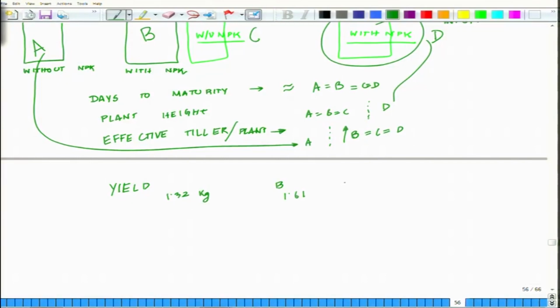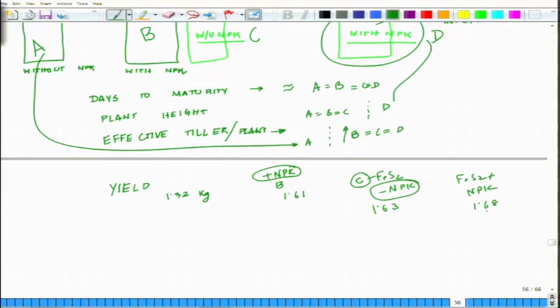In the case of C, only FeS2 without NPK, the number was around 1.63, whereas in the case of FeS2 plus NPK, the value was 1.68.